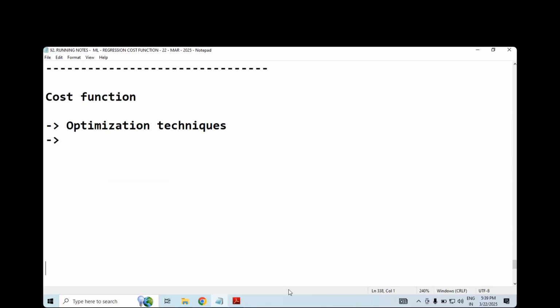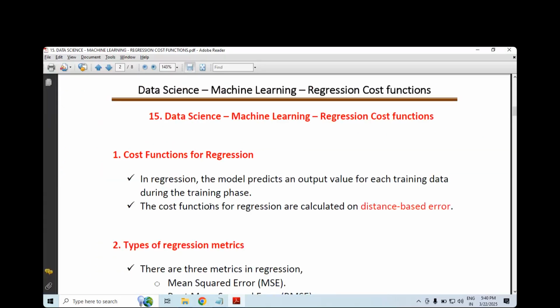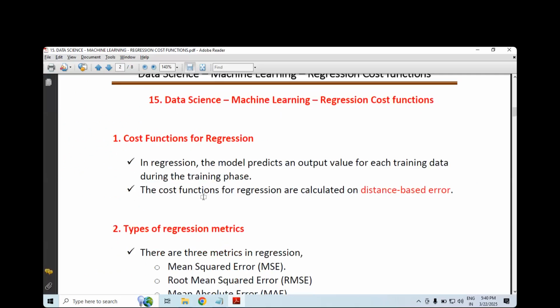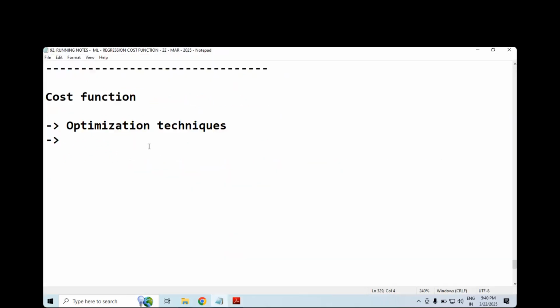Now, what we need to understand from this: when you're talking about supervised learning algorithms, yesterday I covered supervised learning models. The first one will be regression. The second one will be classification.